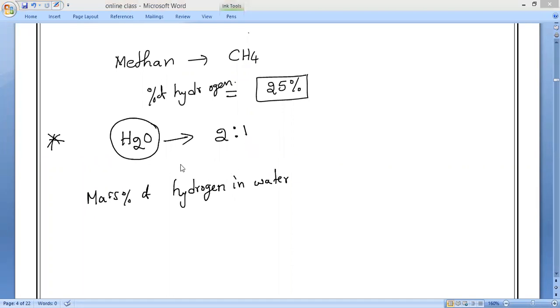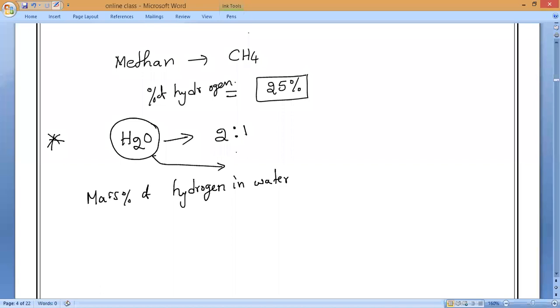Now, what is the atomic mass of hydrogen? 2 into 1, because 2 hydrogens are there. The atomic mass of hydrogen is 1, which is equal to 1 u.